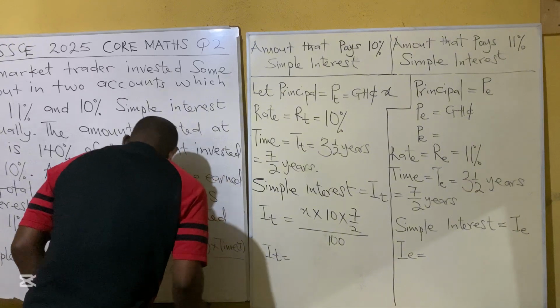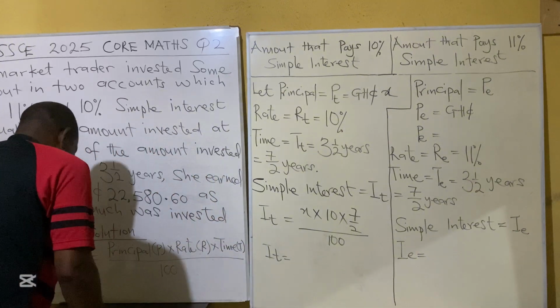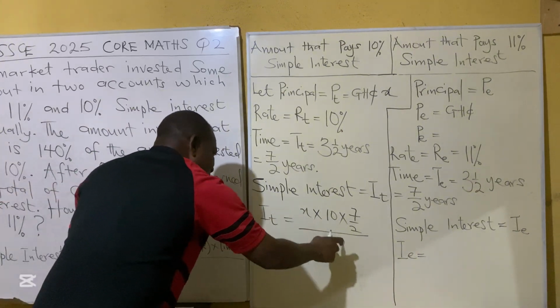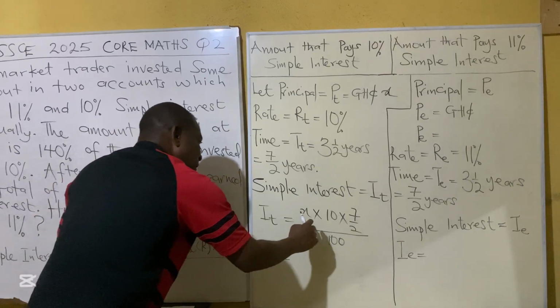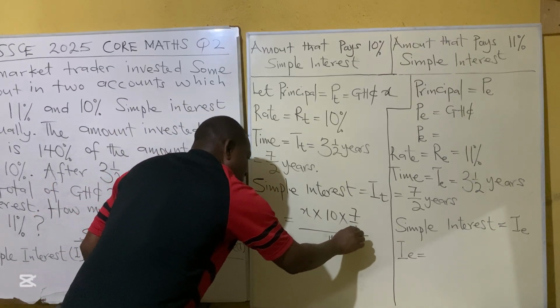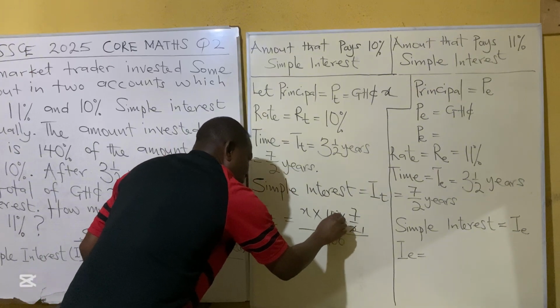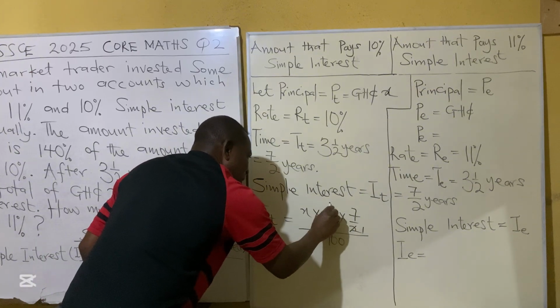Now let's multiply all the numerators. 2 goes into itself 1, goes into 10, 5.